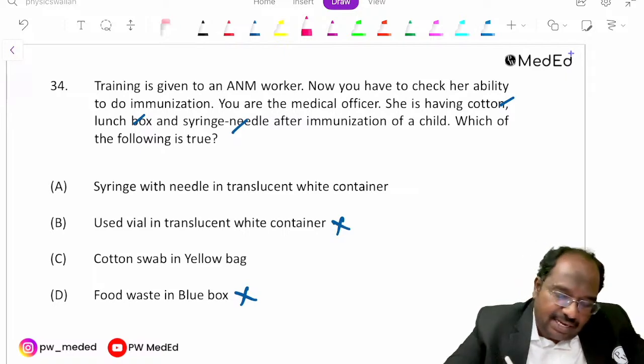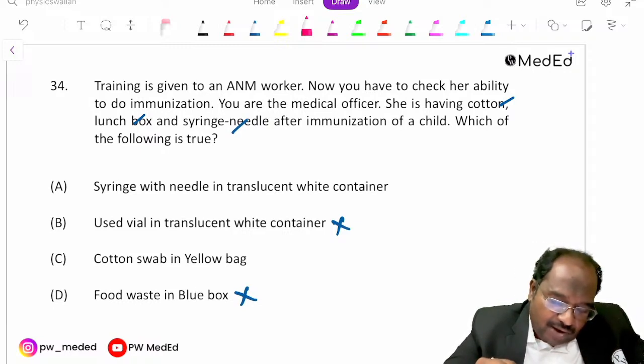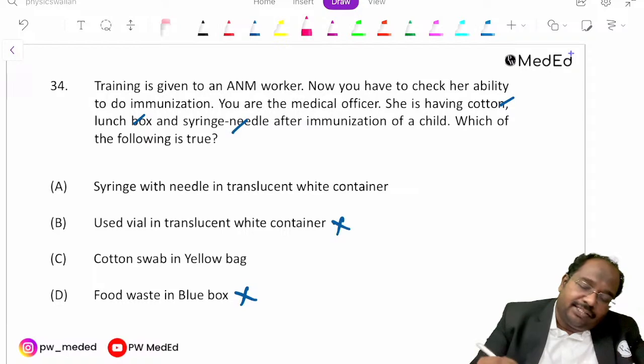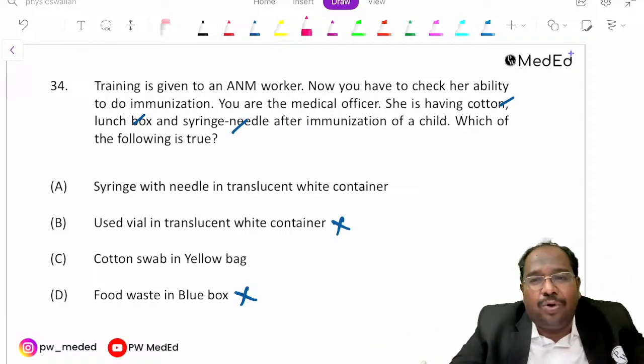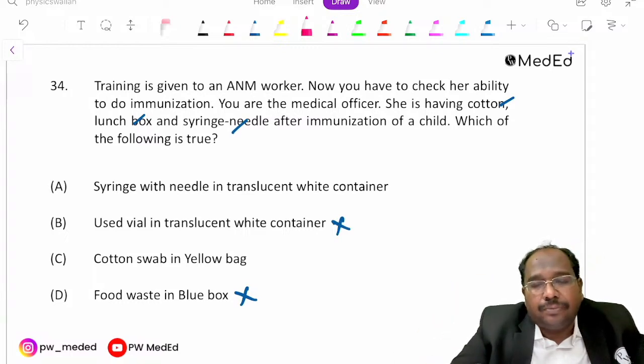Syringe with needle, for immunization. Generally the syringe should go to the red color bin; we have to cut the needle and it usually goes to the red color bin.